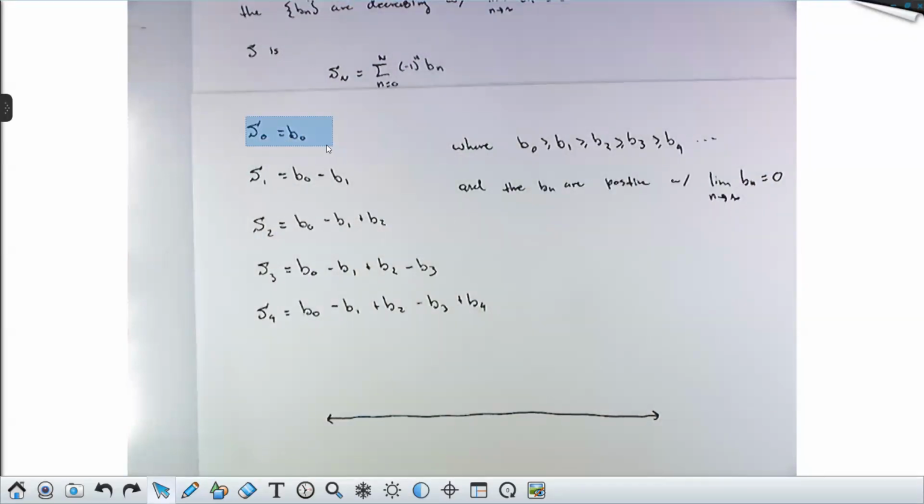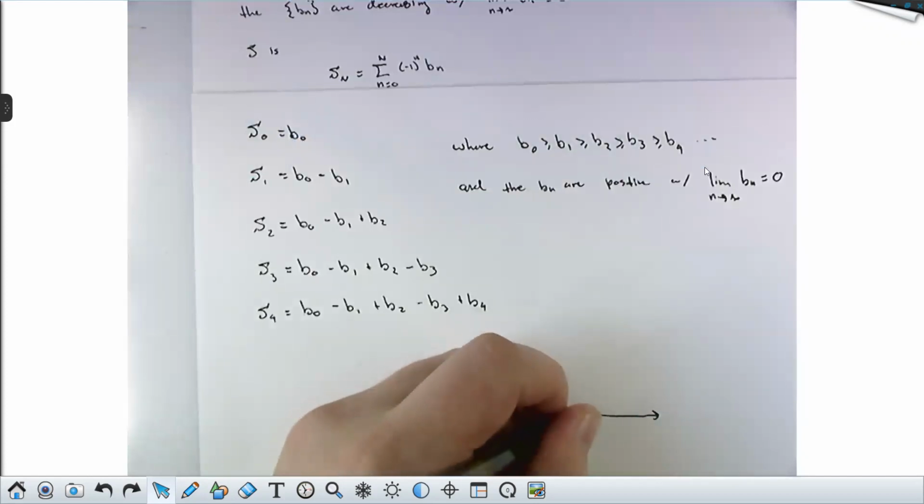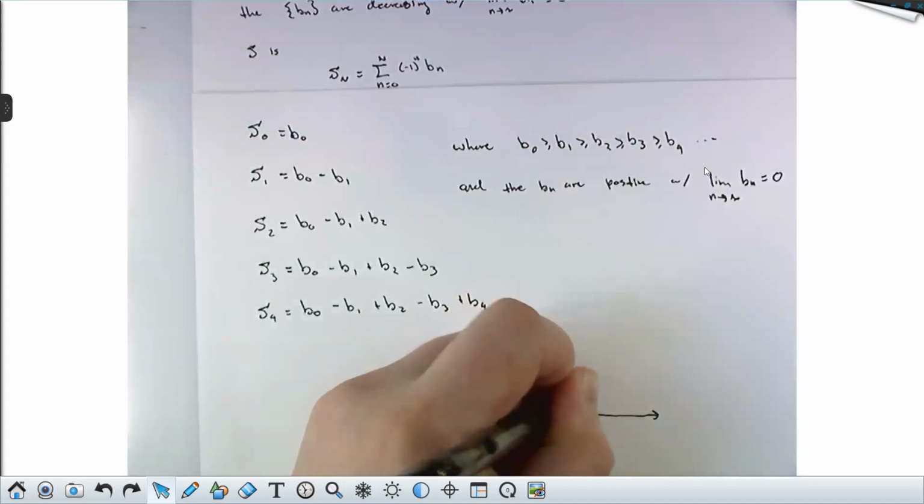So the first partial sum, or the 0th partial sum, if you like, B0, is just that one number. That one number is positive, and it's the biggest of all the B's. So let me put it over here. And that B0 is S0.